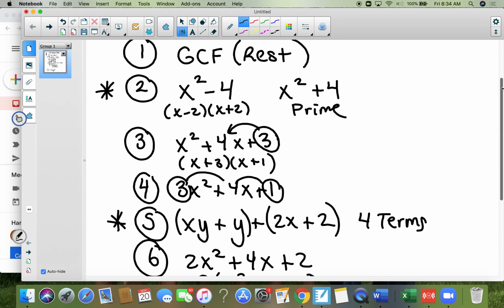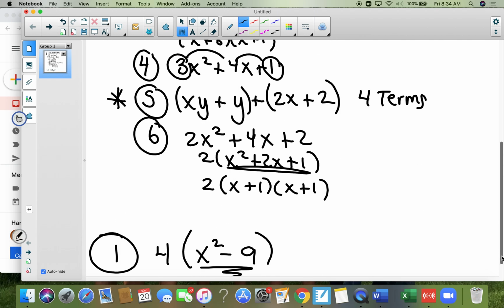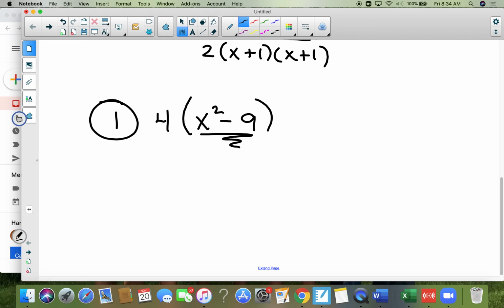It's the second method, a perfect X, a perfect 9, which is 3 and 3. So it's this one right here, right? So you have to know that. So I'm going to go down and finish it. 4 parentheses X minus 3 and X plus 3. Final answer for the test, number 1.